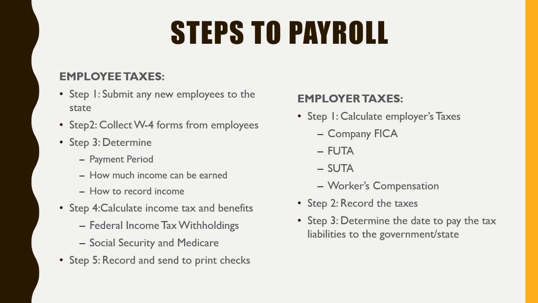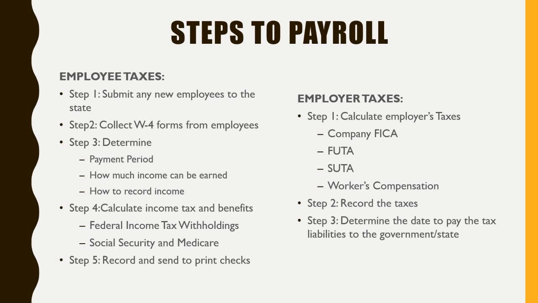Step 4 is you're going to calculate their income tax withholdings and any benefits or tax deductions. And then lastly, step 5 is you're going to record and pay the employee. All right? So that's just the steps for employee.